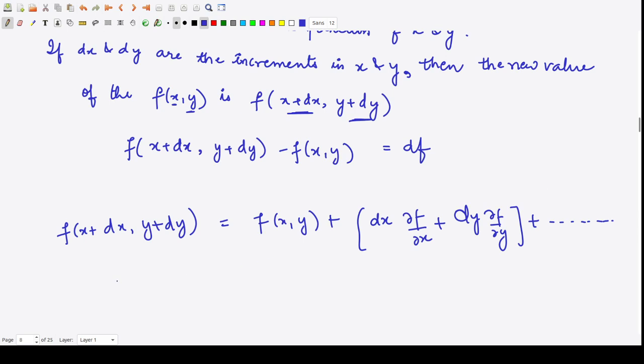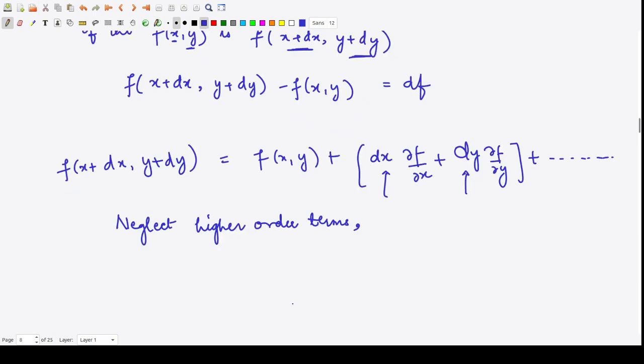In this Taylor series expansion, if we neglect the higher order terms, and assume dx and dy to be very small, what would this quantity be? We know this: del f by del x into dx plus del f by del y into dy is the complete derivative of the given function f.